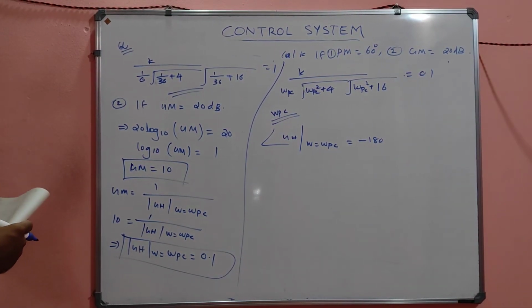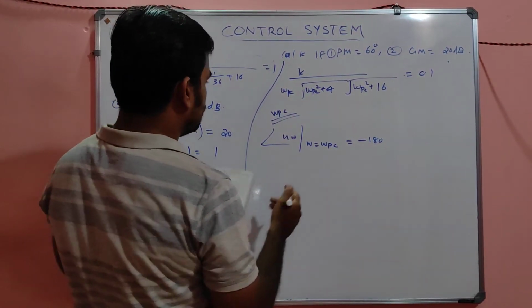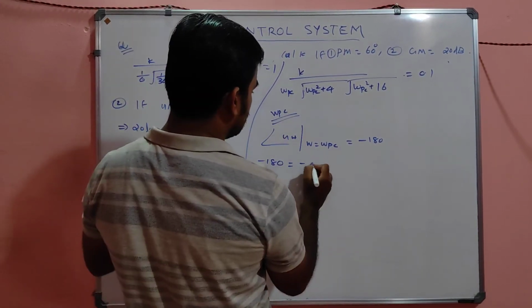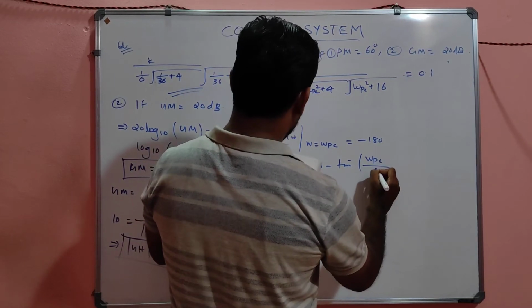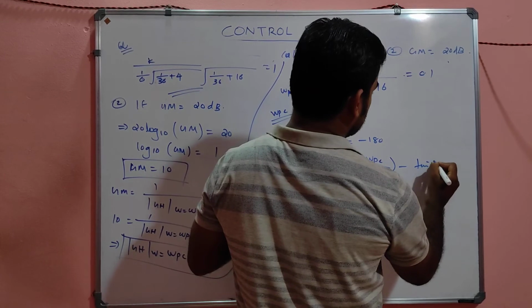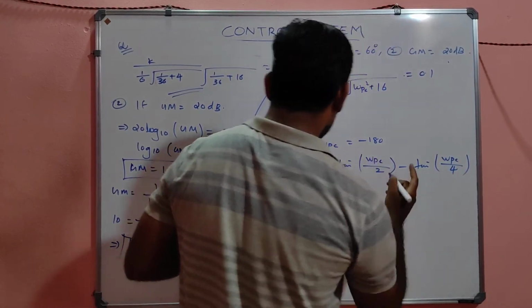My angle is minus 90, right? So I can say that minus 180 equals, the angle equation was minus 90 minus tan inverse omega pc by 2 minus tan inverse omega pc by 4. Correct now? This was our answer.